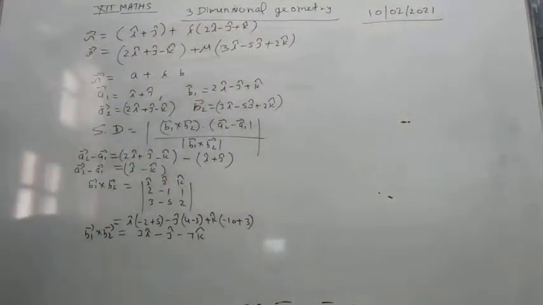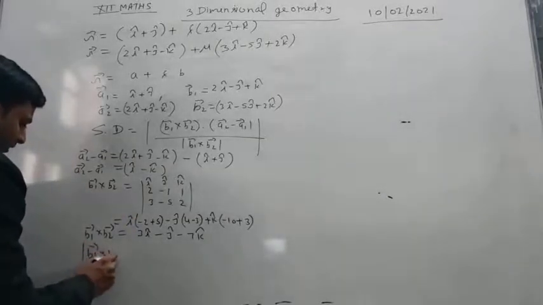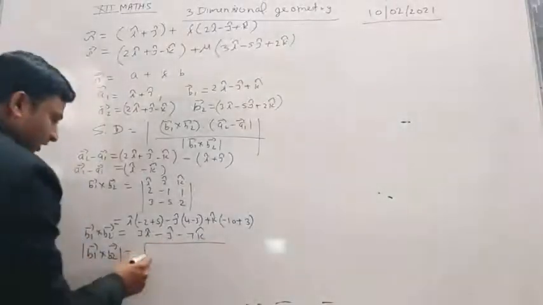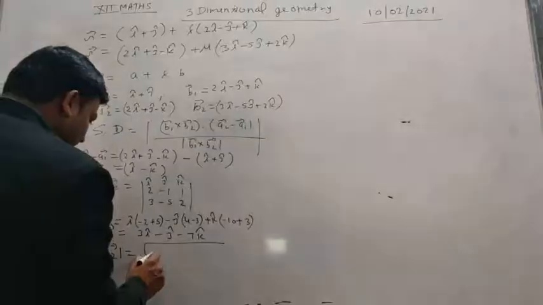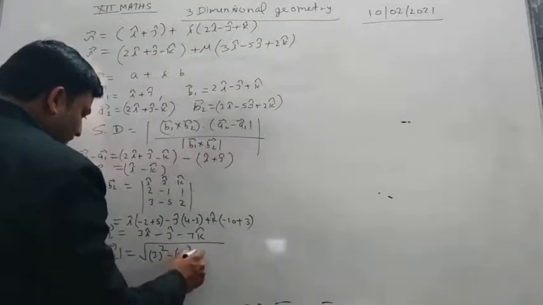Now students, we can get the magnitude of B1 cross B2, which is under root 3 square, minus 1 whole square, plus minus 7 whole square.